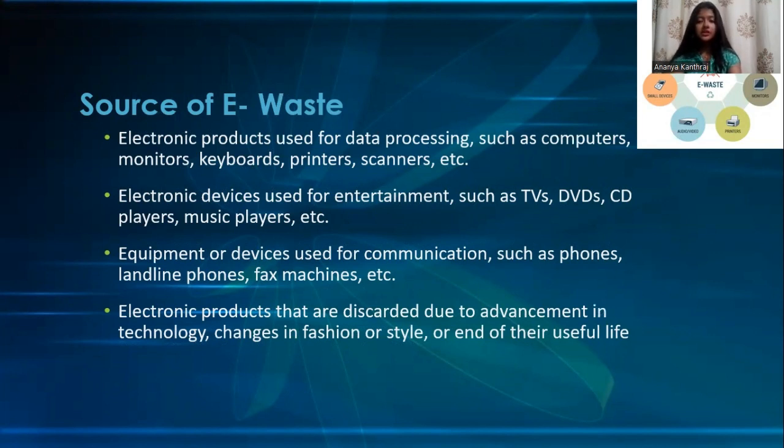Electronic devices used for entertainment such as TVs, LEDs, DVDs, CD players, music players, etc. Equipment or devices used for communication such as phones, landlines, fax machines, etc. Electronic products that are discarded due to advancement in technology, changes in fashion or style, or end of their usual life.